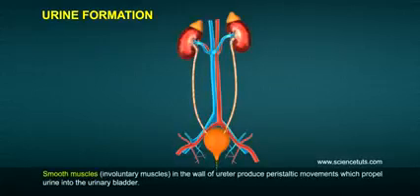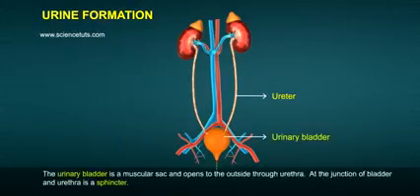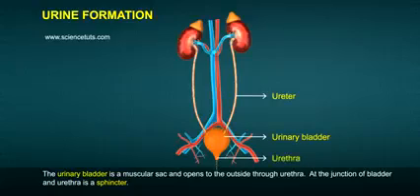Smooth muscles, involuntary muscles in the wall of the ureter, produce peristaltic movements which propel urine into the urinary bladder. The urinary bladder is a muscular sac and opens to the outside through the urethra. At the junction of bladder and urethra is a sphincter.